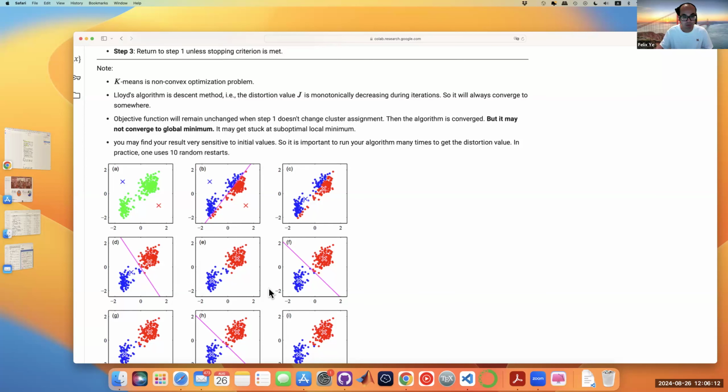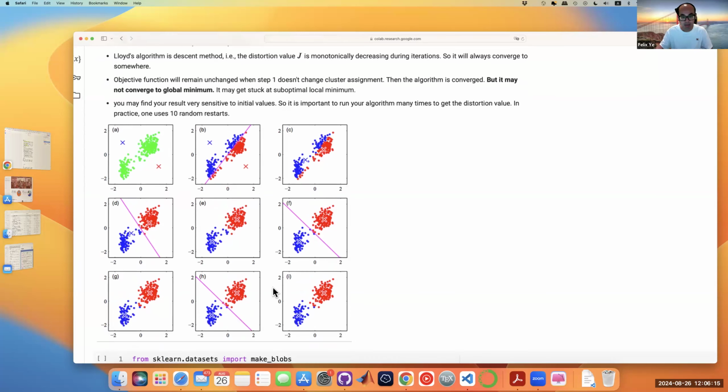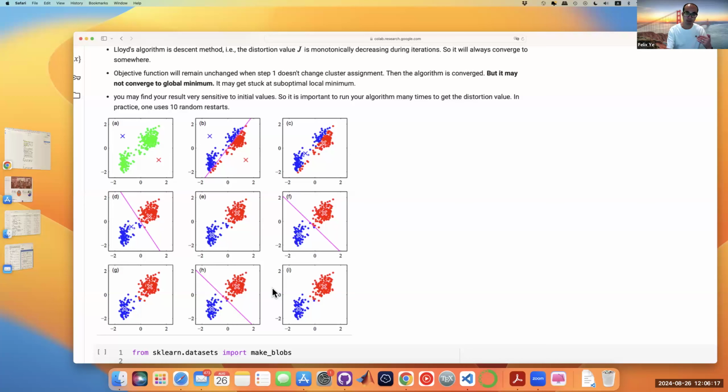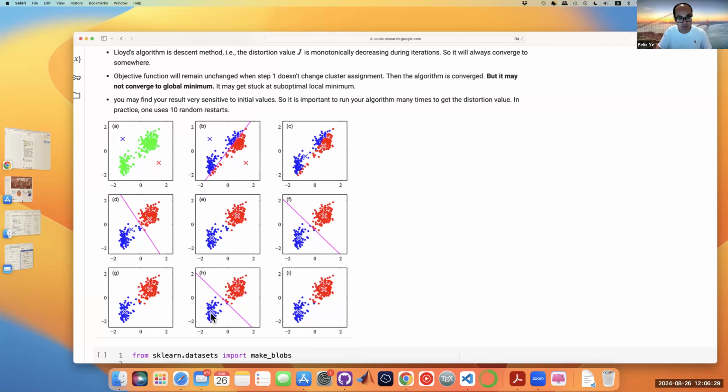You keep doing this alternately until it stops updating. You can see right here, after maybe 3 or 4 iterations, the centroids converge to this point and this point right here. This clearly separates my data into the blue cluster and the red cluster.